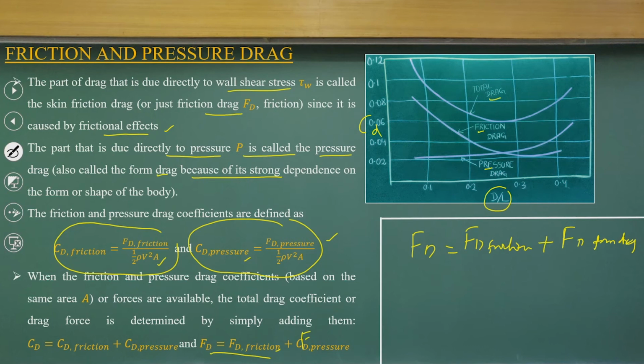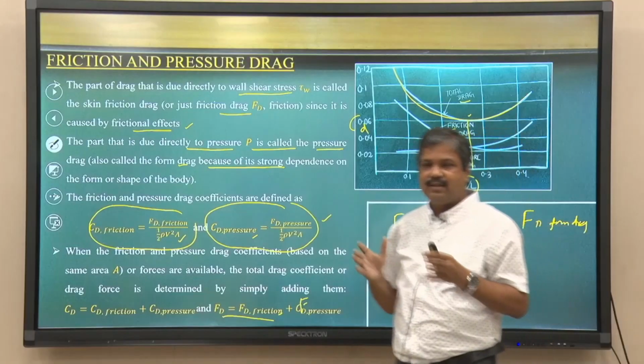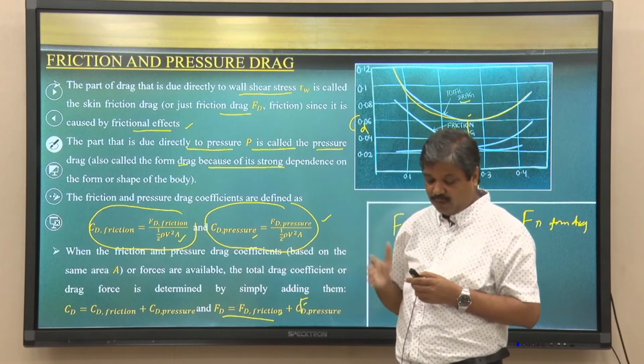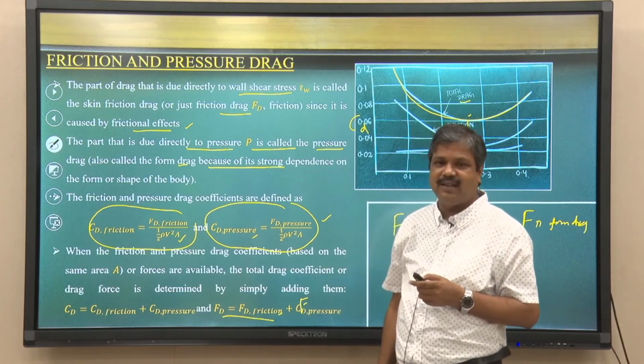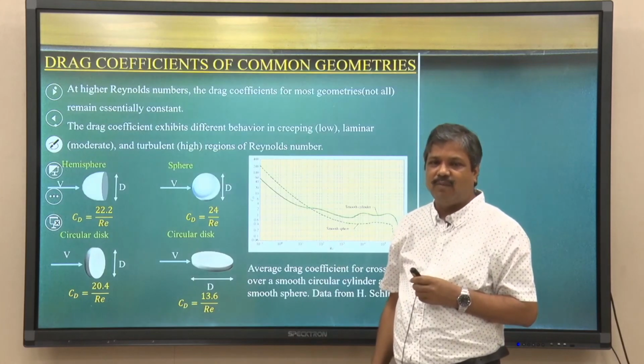This is the total drag, which has a minimum point: the ratio between d and L where the total drag is minimum. We consider this type of design when we try to design an object.